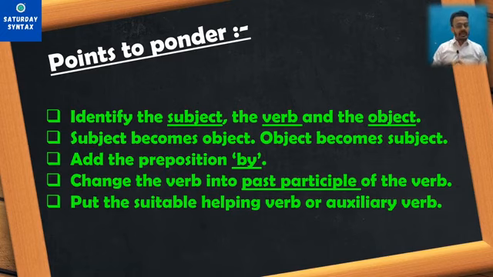This is compulsory. And point number 5: put the suitable helping verb or auxiliary verb. What are helping verbs? Is, am, are, was, were, have, has, had, will, would, shall, should, can, could, may, might, must. In the next slide, I'll give you clarity on all the points with an example.